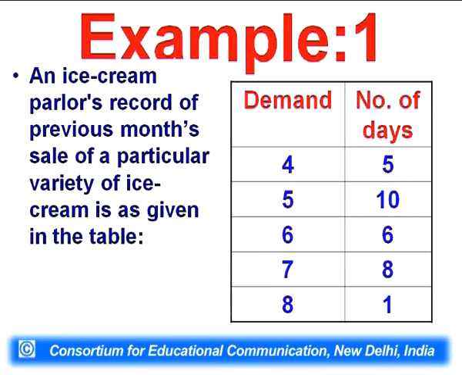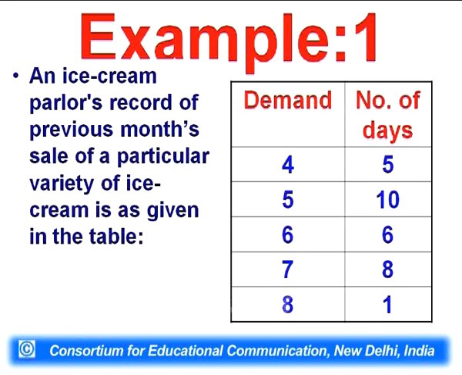This table gives us the previous month's sale of ice cream bricks. It has two columns. The first column tells us the number of bricks of a particular variant of ice cream brick, and the second column gives us the number of days.